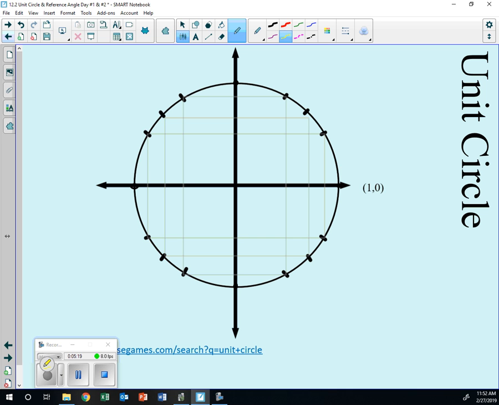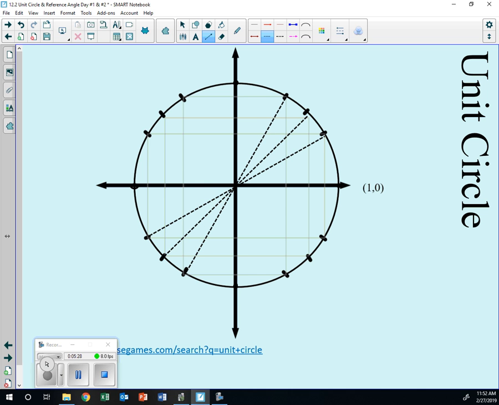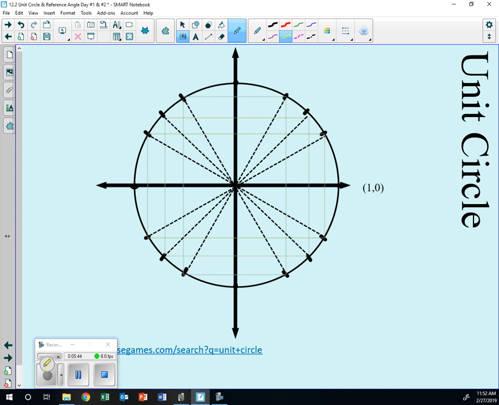And we're going to start by making some little lines going here, here, here, and there. There's an infinite number of degrees and radians on this circle, but we're going to pick the ones that are used the most, and frankly, they're probably the easiest to derive. We'll do it because it's easy.